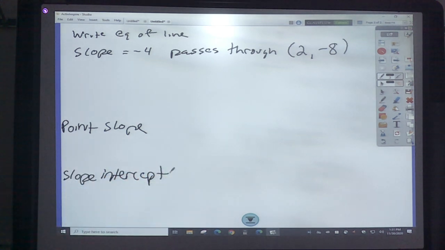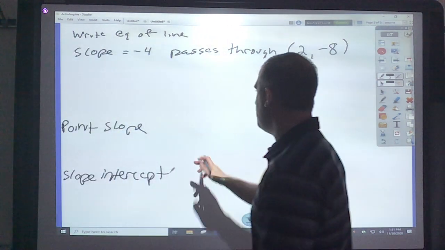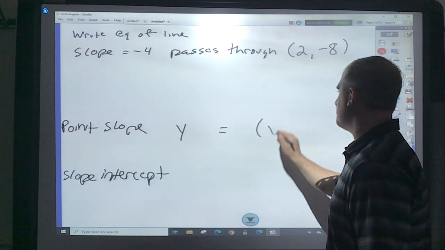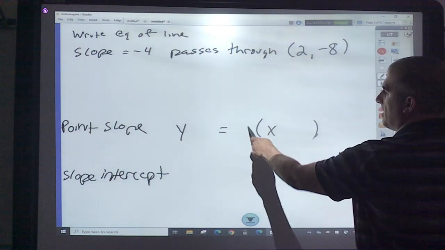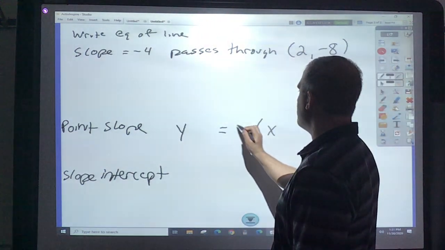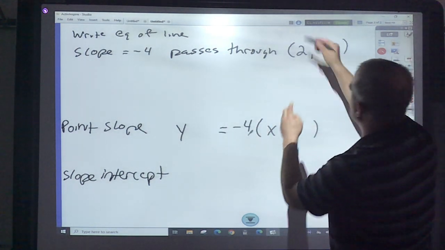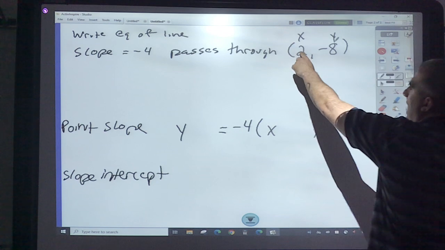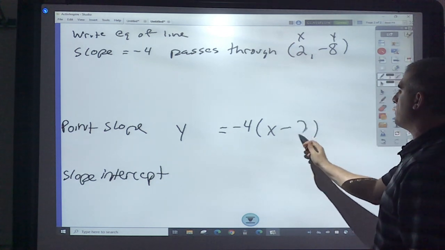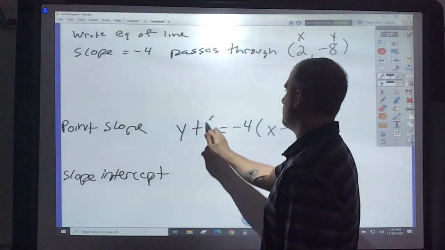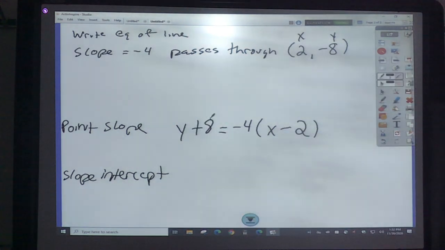So, what I want to start out by doing, very easy. I put a y, I put an equals, I put a parentheses, I put an x. What goes in front of here? The slope. They gave me the slope is -4. What goes in here? This is the x, this is the y. The opposite of the x coordinate, so that would be -2. Here goes the opposite of the y coordinate, which is 8. Boom, I am done.